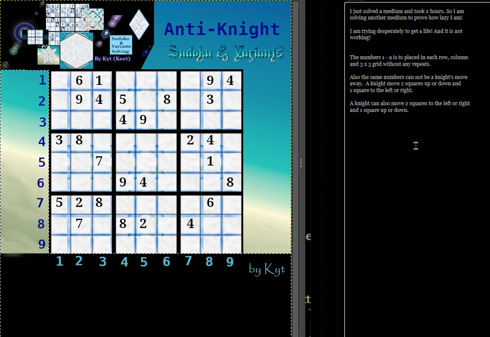The numbers 1 through 9 are to be placed in each row, column, and 3 by 3 grid without any repeats. Also, the same numbers cannot be a knight's move away.